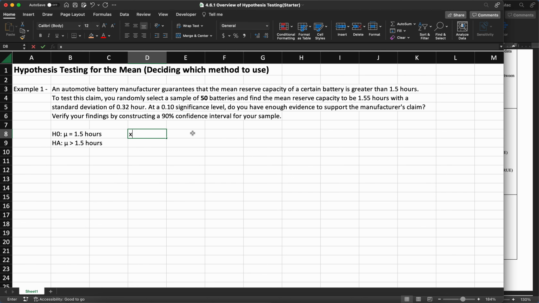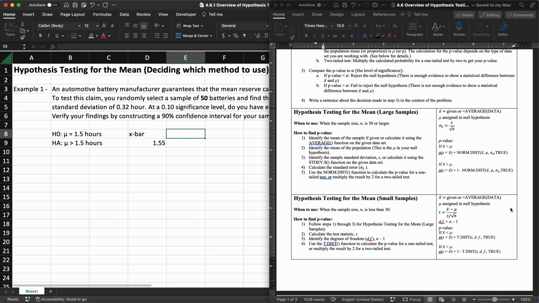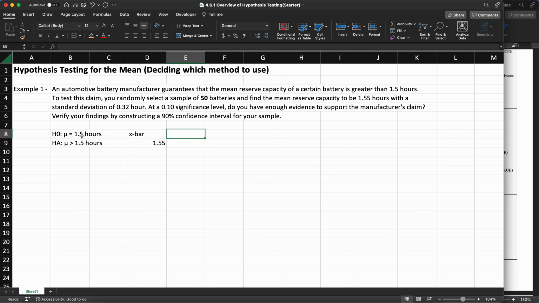So in this case, we have the mean. This is x bar, the sample mean, and that's 1.55. We have to identify mu, which is the thing in our null hypothesis. So this is our assumed population mean of 1.5.